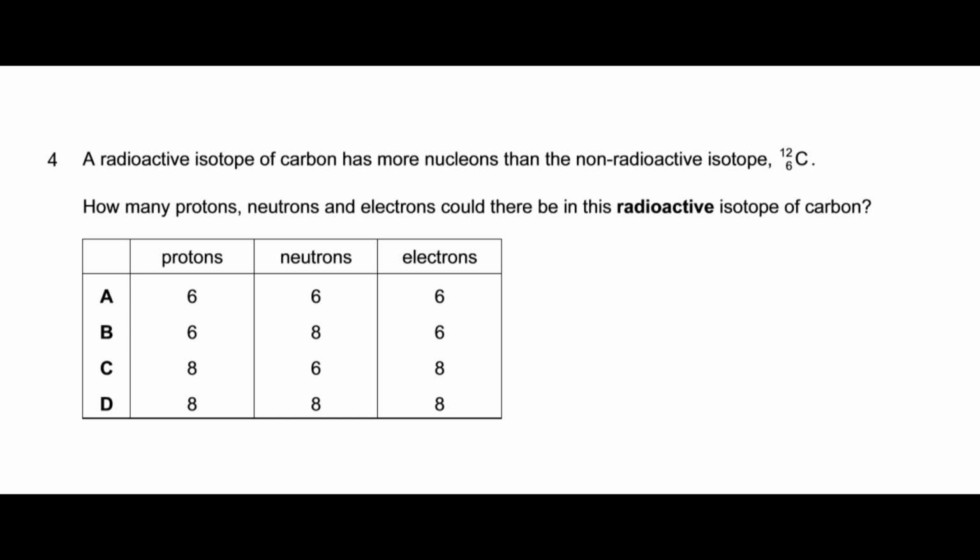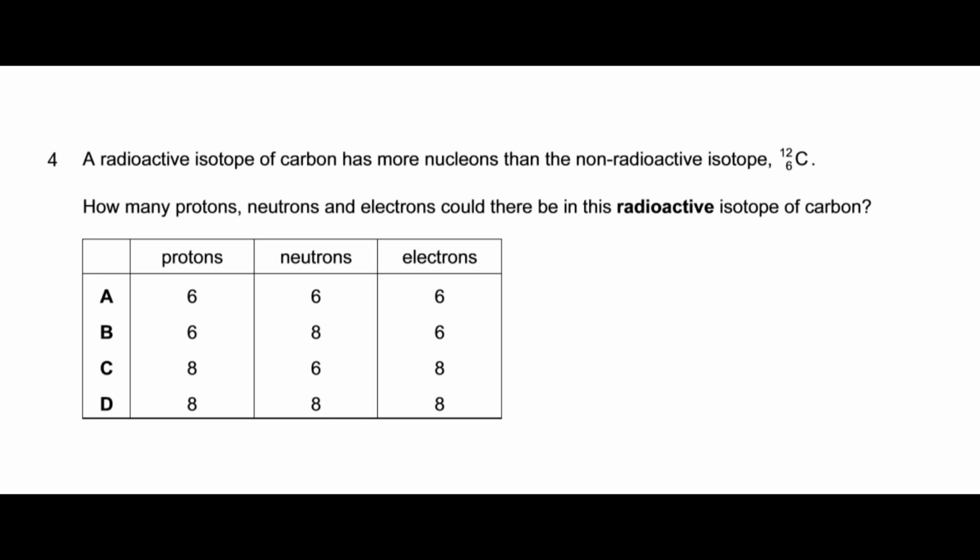My next question is, a radioactive isotope of carbon has more nucleons than the non-radioactive isotope, which is carbon-12. How many protons, neutrons and electrons could there be in this radioactive isotope of carbon? First of all, you need to recall the concept of isotopes.